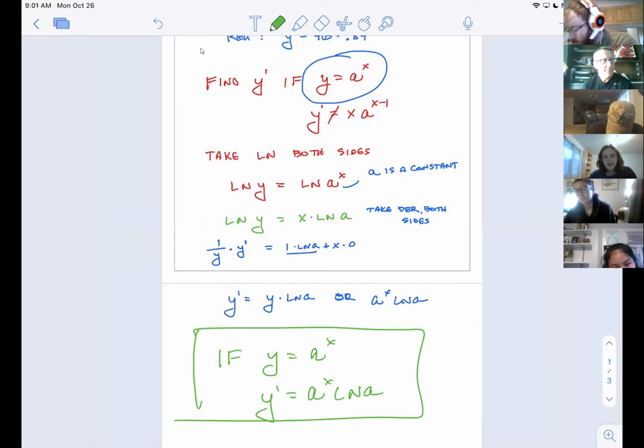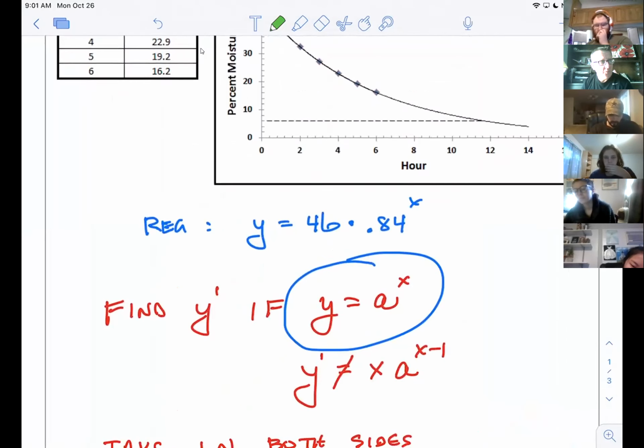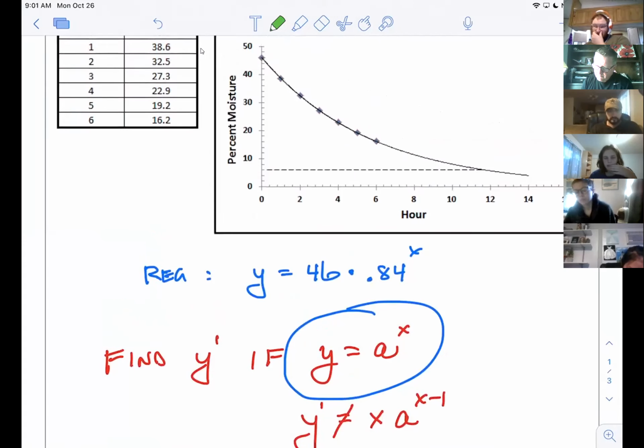Can you explain why the derivative of the natural log of a is 0? Because we decided a is a constant. In other words, for an exponential equation like the one we got using exponential regression, we got a base that was just a number.